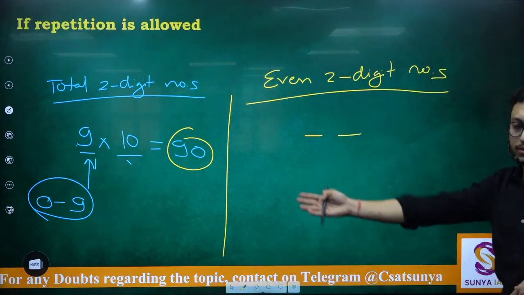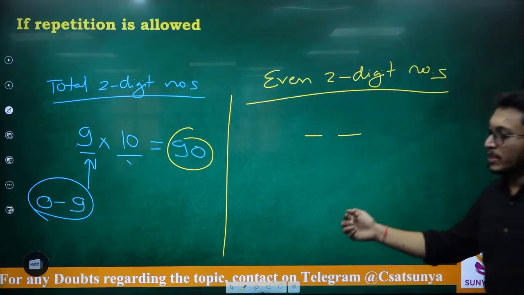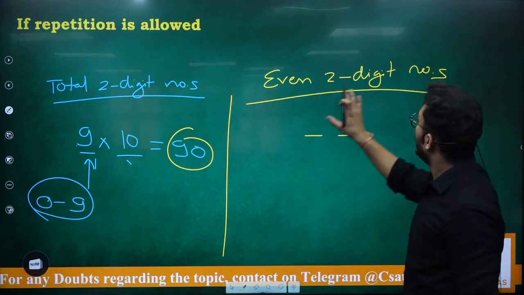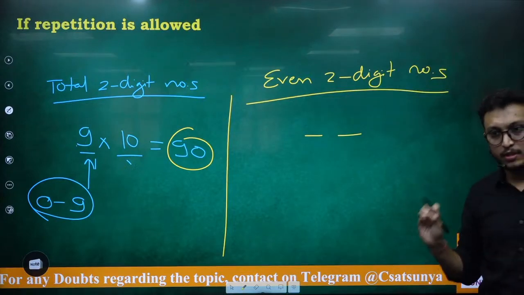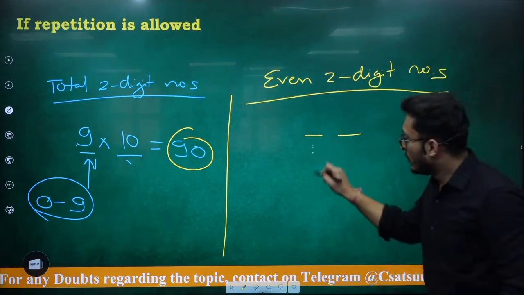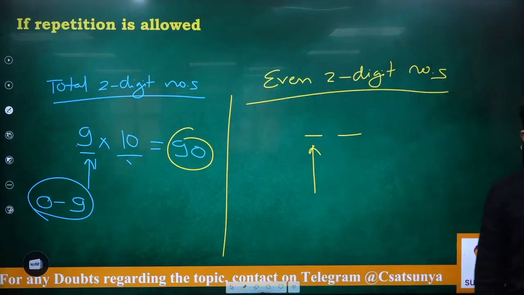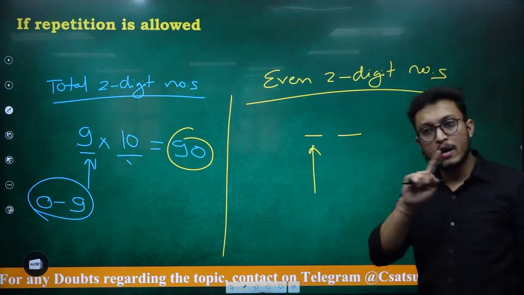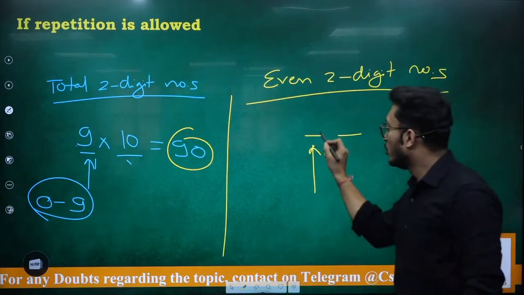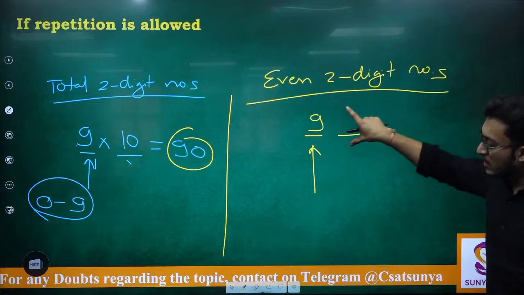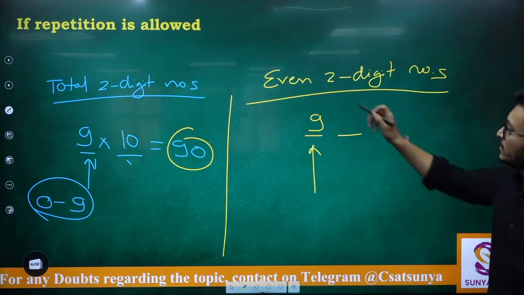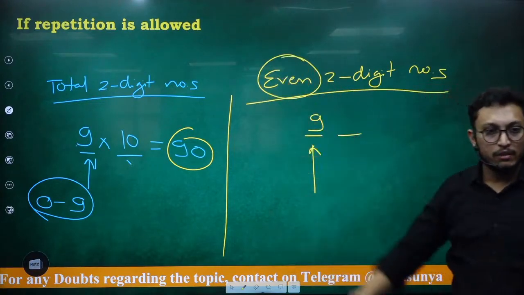Using PNC, again I need to form a 2-digit number. No condition is given. It is just given that this number should be even. For the first place, I cannot fill it with a 0. So I have numbers from 1 to 9. In total, I have 9 options here. And then I have to fill this place. Now there is a condition that the number should be even.